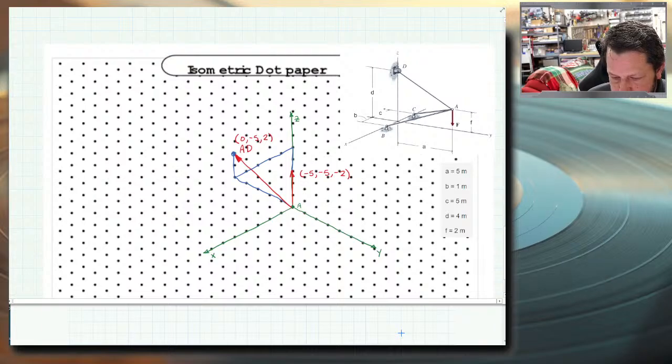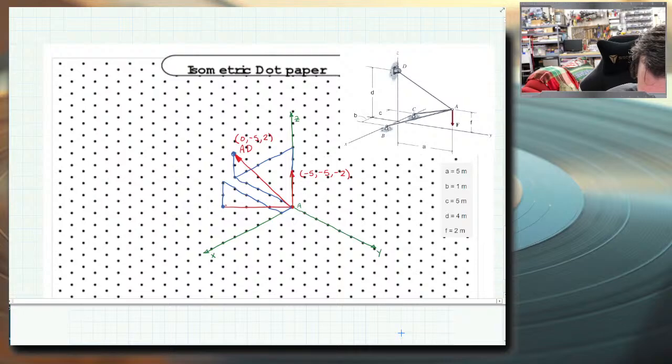For the x direction, it comes out a distance of B, which is 1 meter. So it comes out 1 for x. In the y direction, it's also going back A equals 5. 1, 2, 3, 4, 5. And then it's down below the point A by a distance of F, which is 2. And it's going to look something like that. So I'm going to draw from A to this point, which is this guy.